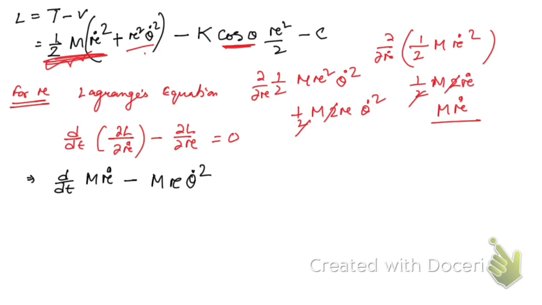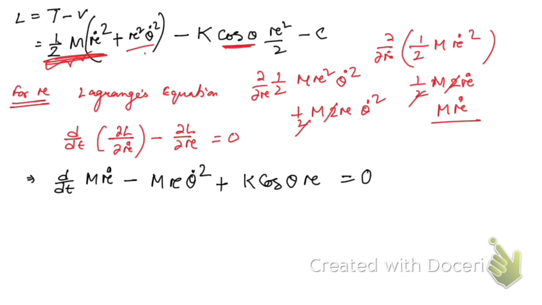If you differentiate this, here 2r and this 2 will be cancelled, so we're gonna have minus because of this minus sign and this minus sign, so we're gonna end up getting positive here. So k cos theta r square, instead of r square we're gonna get r, because here we should get 2r divided by 2 to cancel, on differentiating with respect to r. That's what we have got, that is equal to 0, and the derivative of the constant is obviously 0, right? So hope you have understood this.